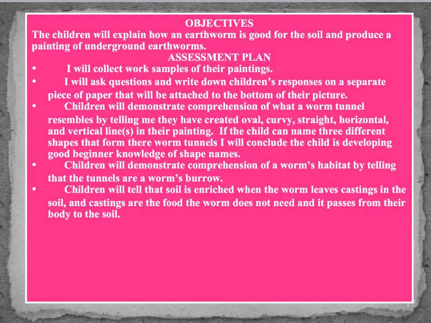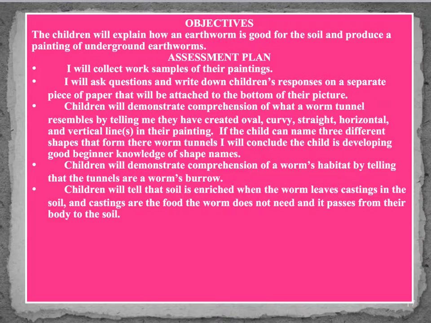The student will assess the children by collecting work samples. She will ask questions and write down responses on a separate piece of paper that will be attached to the bottom of their picture. They will demonstrate comprehension of what a worm tunnel resembles by telling me they have created oval, curvy, straight, horizontal, and vertical lines in their painting.